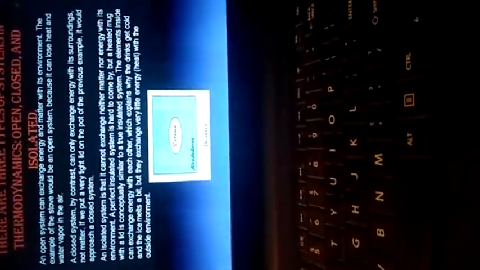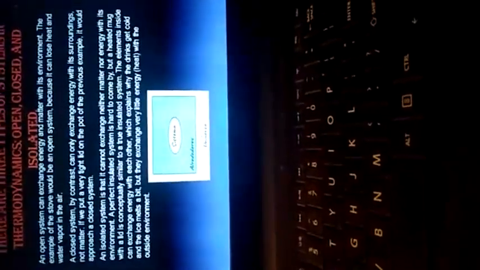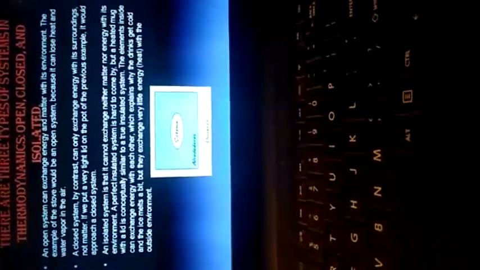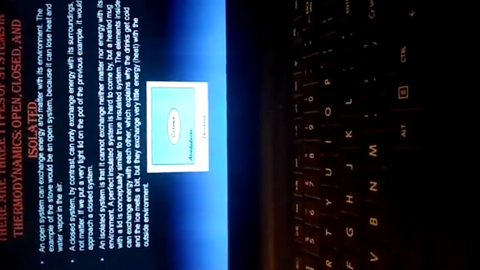The isolated system is one that cannot change the output and input of mass and heat.